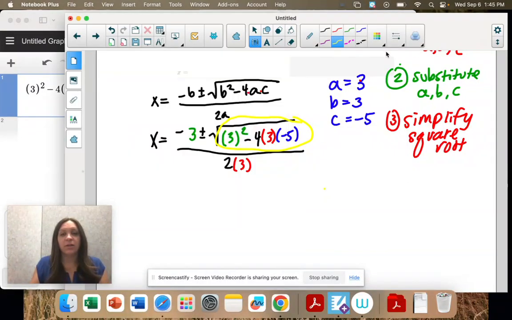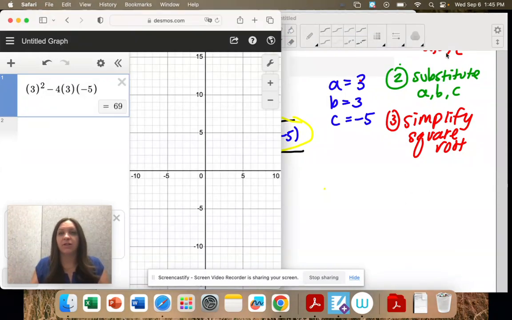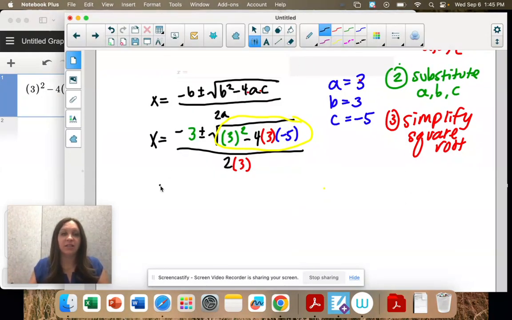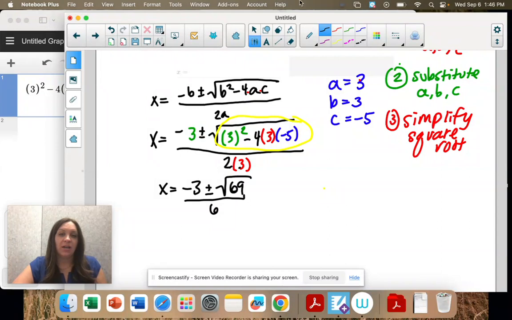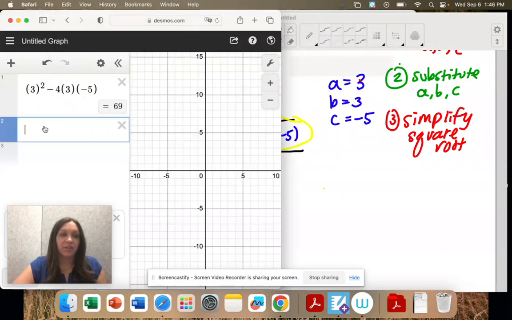So now I have x equals negative 3 plus or minus square root 69 divided by 2 times 3, which is 6.